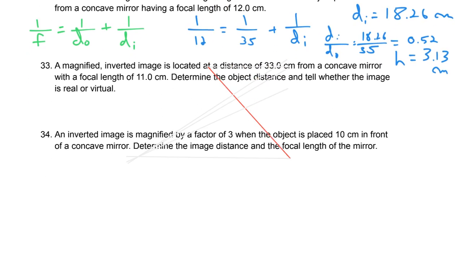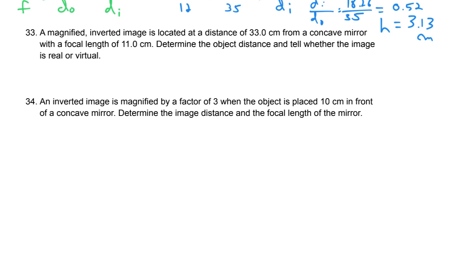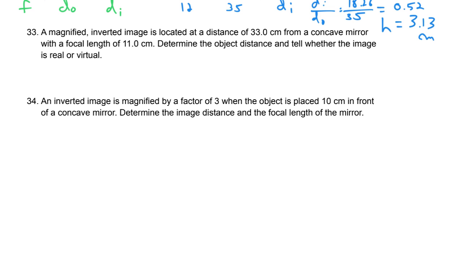All right, number 33. We've got an image located 33 centimeters from a mirror, so that gives us the distance to the image of 33.